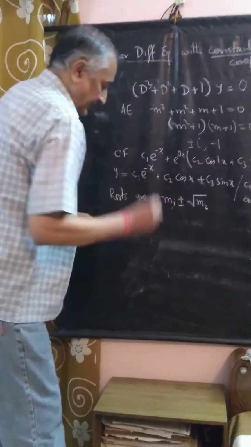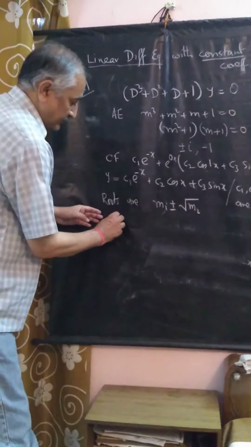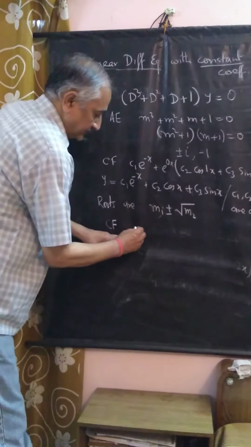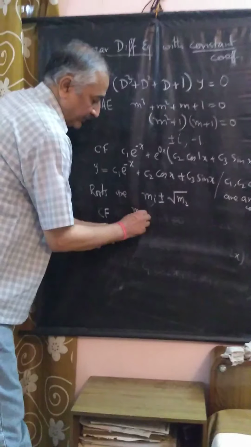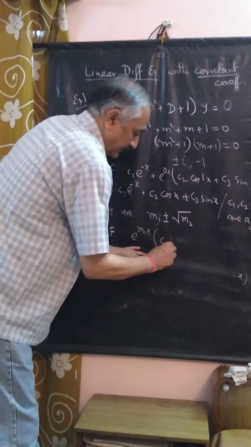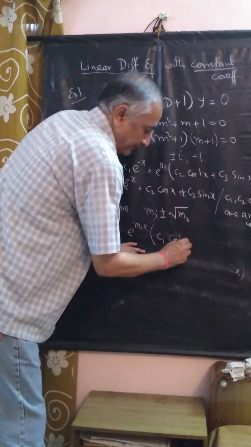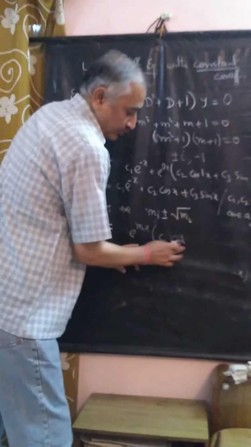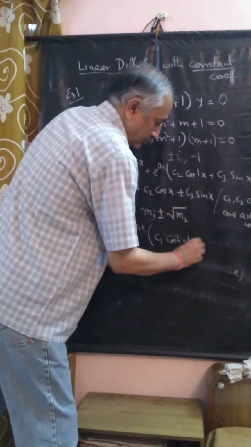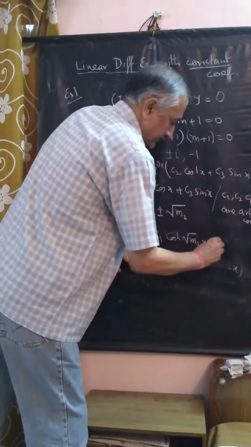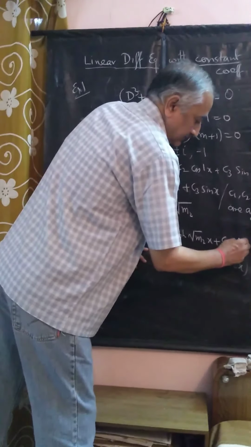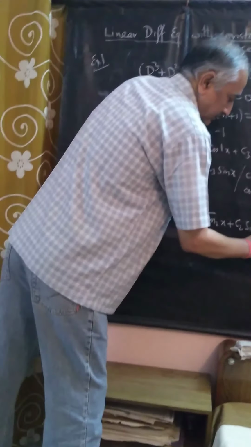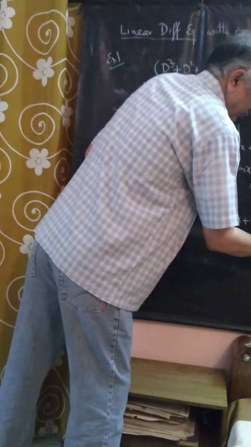So in this case, the complementary function is again exponential m1x, c1 cos hyperbolic, I hope you know this function, root m2 x plus c2 sin hyperbolic root m2 x.